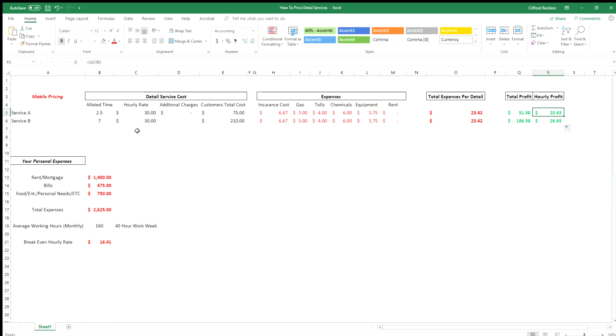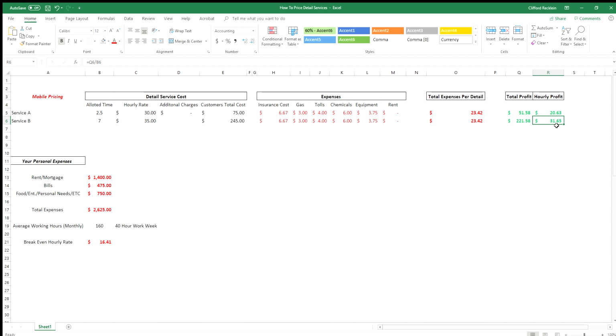But it still doesn't take into consideration the skill level needed for that service. So what I'm trying to say is, you could come up with a certain hourly rate. Let's say it's $30. That works perfectly for you and your family and everything that's going on. But if it takes more skill to do whatever service there is, then you should increase the hourly rate of that, okay?